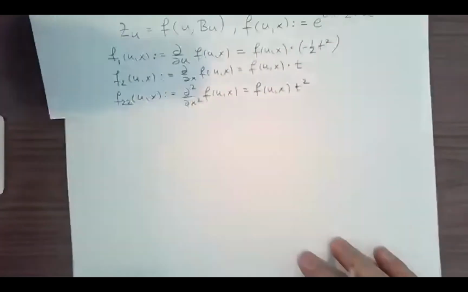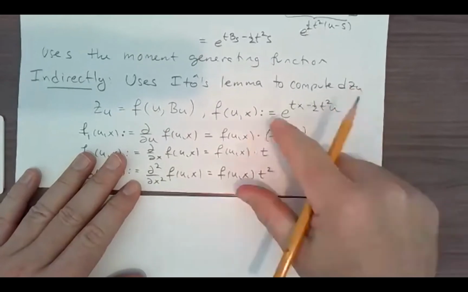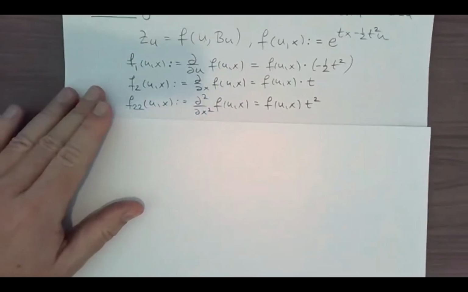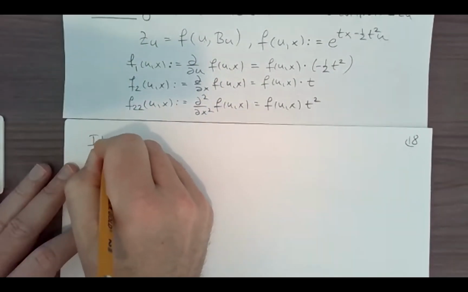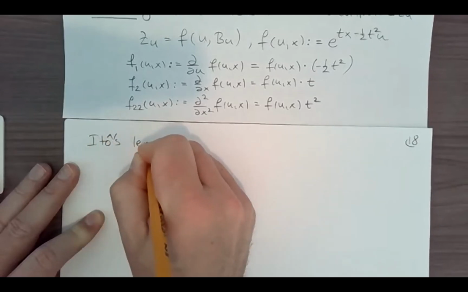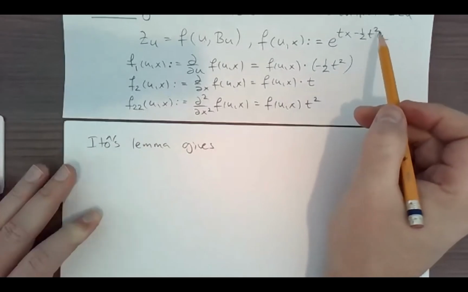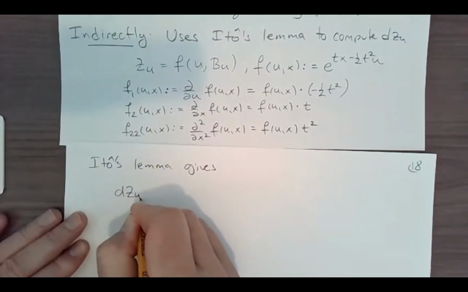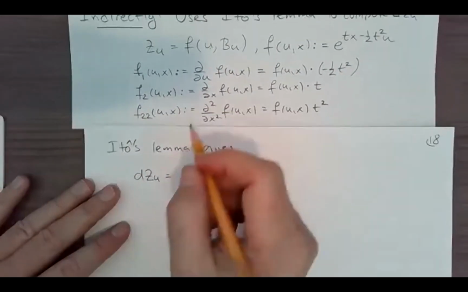These are the ingredients that we need to use Ito's lemma. So Ito's lemma will allow us to compute the dynamics of z using these expressions here. All right, so Ito's lemma now gives us that this dz is going to be equal to, and then I need all the derivatives.